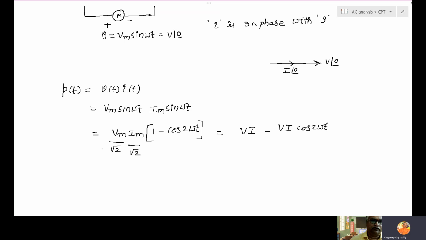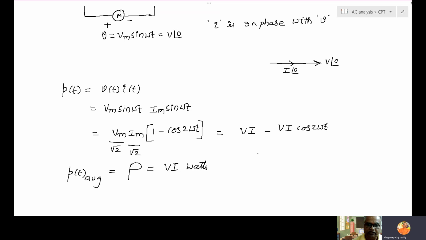So what is the average of this? Capital P is equal to VI only, VI watts. Because in VI minus VI cos 2 omega t, when you integrate, the average of the cos function is 0.